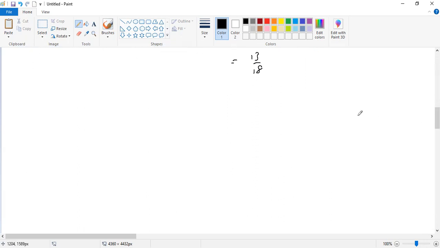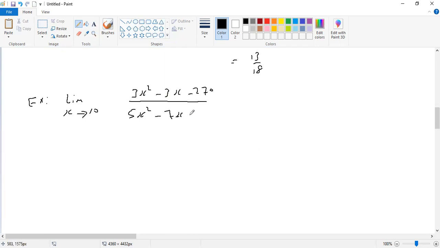Another example. Let us find the limit as x approaches 10 of 3x squared minus 3x minus 270 divided by 5x squared minus 7x minus 430.